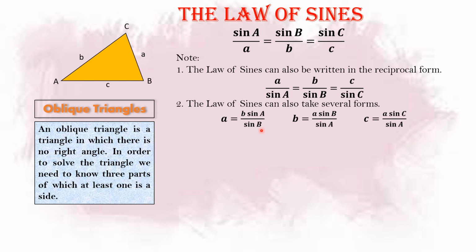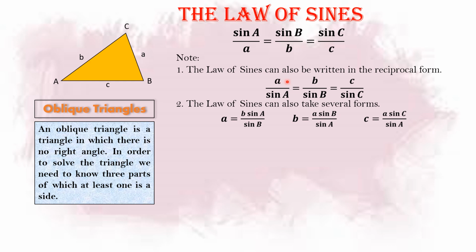Ganito yon. Ang gagawin natin dito is yung multiplication form. For example, si A yung unknown. So, si A is equal to, syempre, yung B yung involved doon. So, A, the unknown, and then cross multiplication.